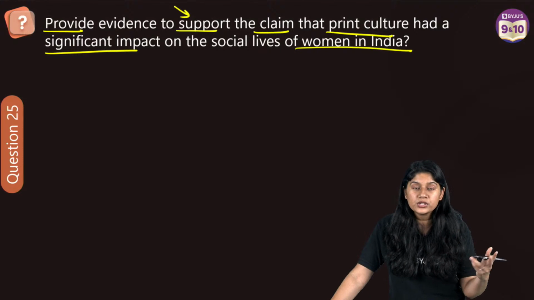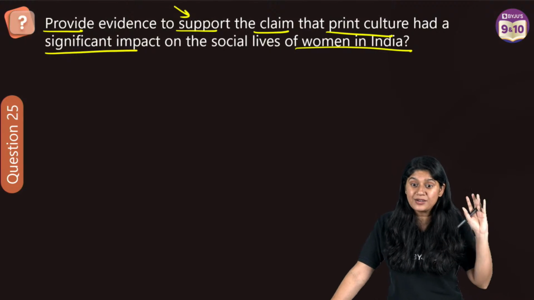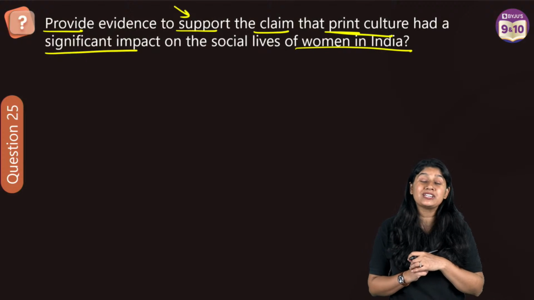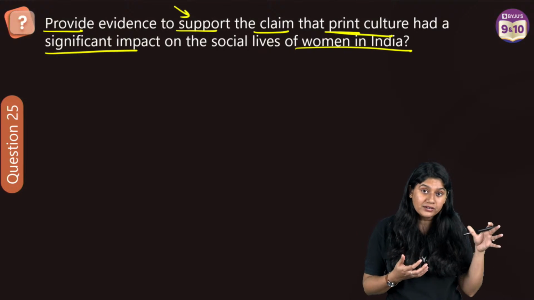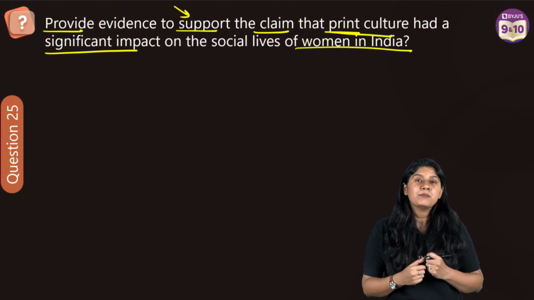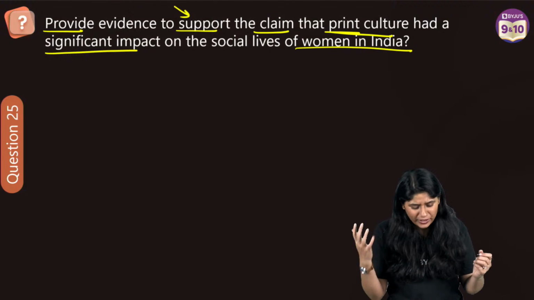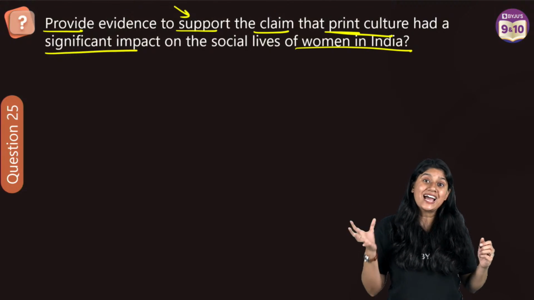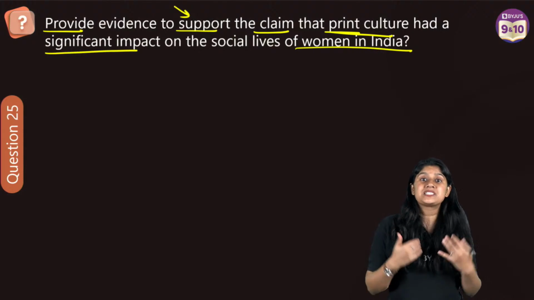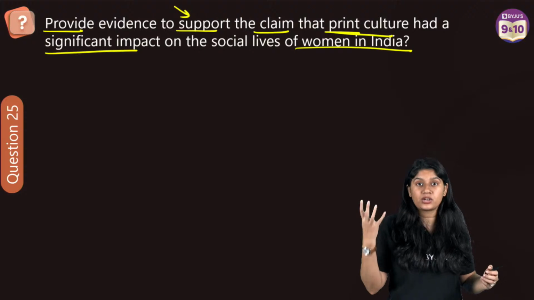But as we had print culture, women became aware of what was happening around the world because of textbooks, poems, etc. Slowly there was a revolution where women started learning and getting education.